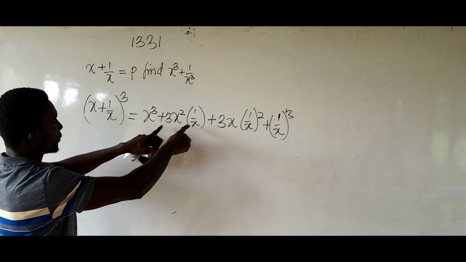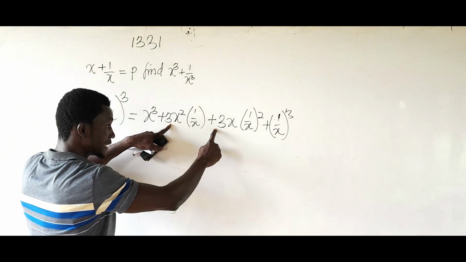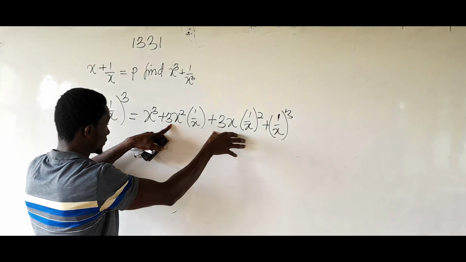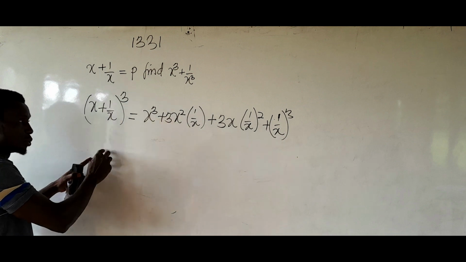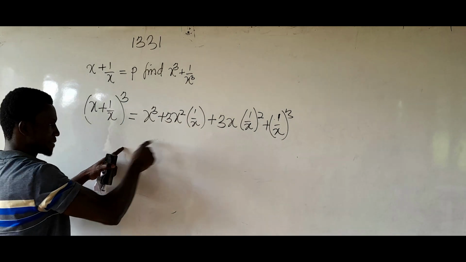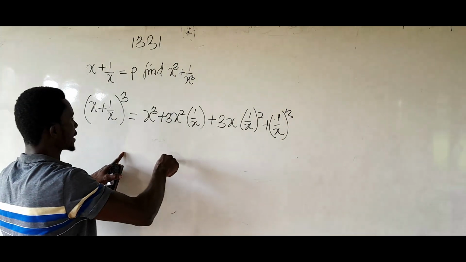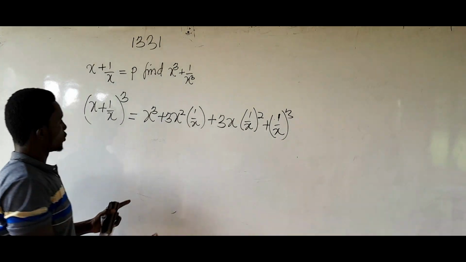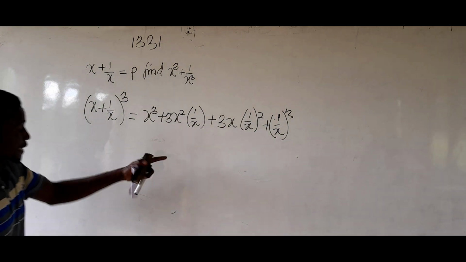And here we have 3x plus 3 over x. So this should be x plus 1 over x cubed, then minus 3 out of x plus 1 over x, which will give you obviously p cubed minus 3p.